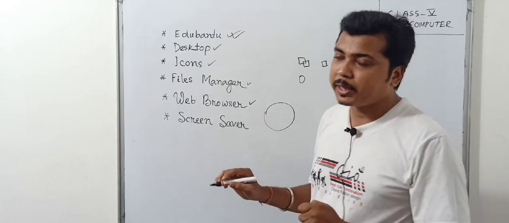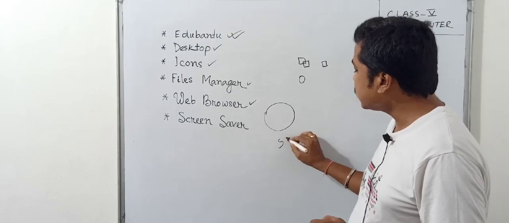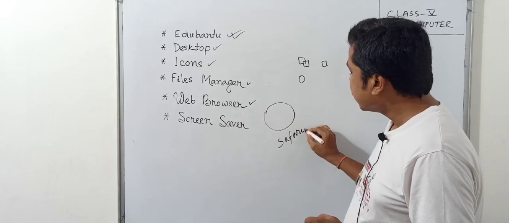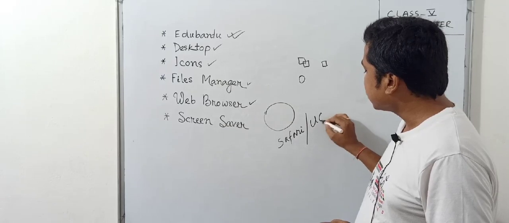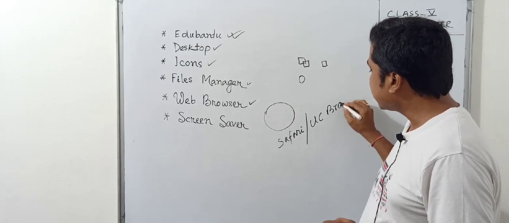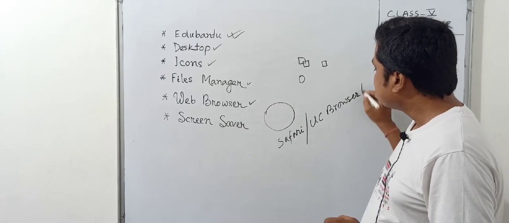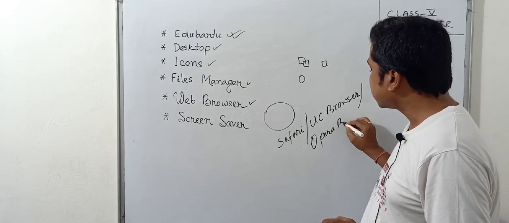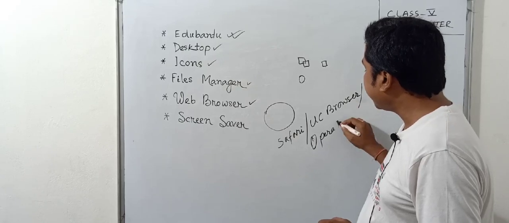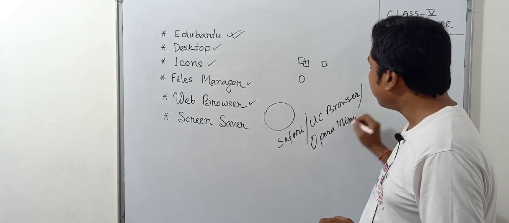In our mobile also we can see them. What are those? Safari. If Safari is not there, then we can see UC Browser, then Opera Mini, or Google Chrome. These are all web browsers which we can find in our computer or mobile.